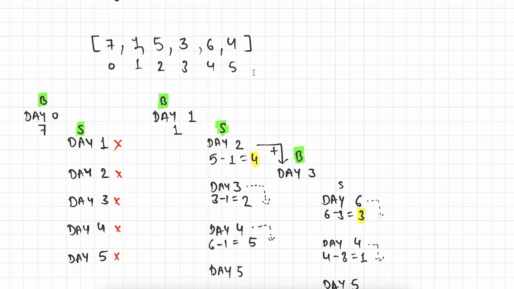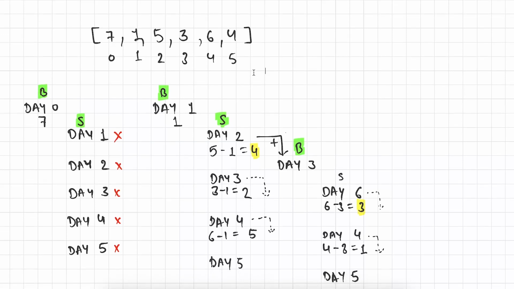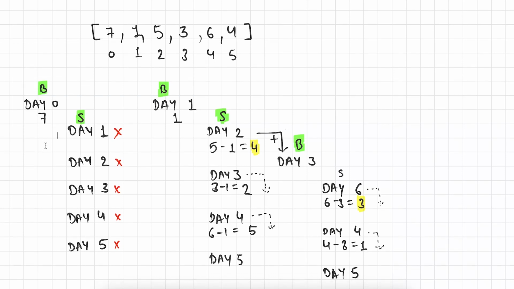Using this approach, we are going to find all the possible pairs that give us the maximum profit. So we start with day 0. Let's say we want to buy stock on day 0, find pairs with day 0, and here are 5 pairs.